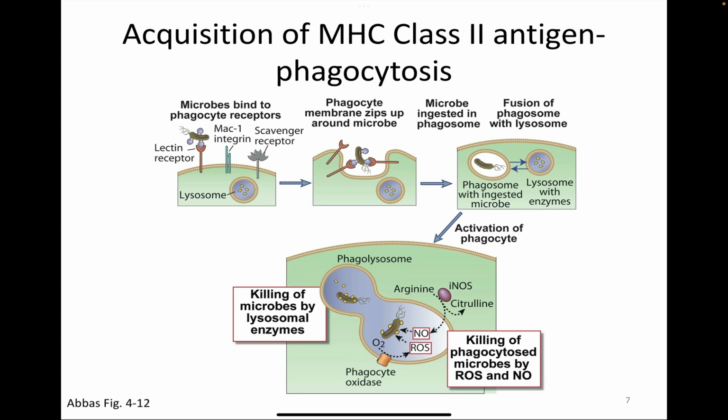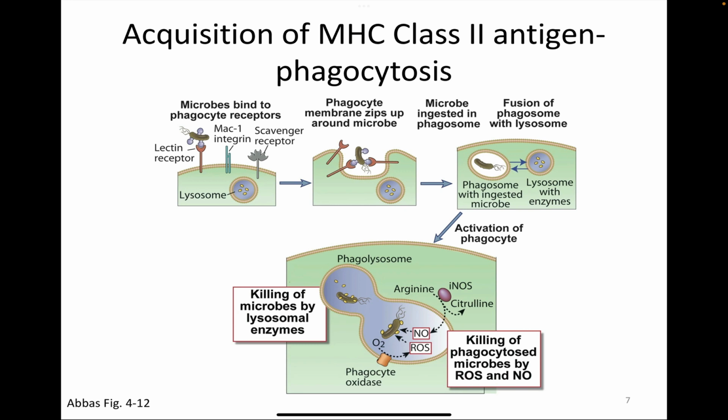Now we're going to internalize that microbe into a little compartment because that compartment was made in a process of phagocytosis. We call the compartment the phagosome. And that phagosome will eventually fuse with the lysosome, will become acidic, and will degrade that microbe.